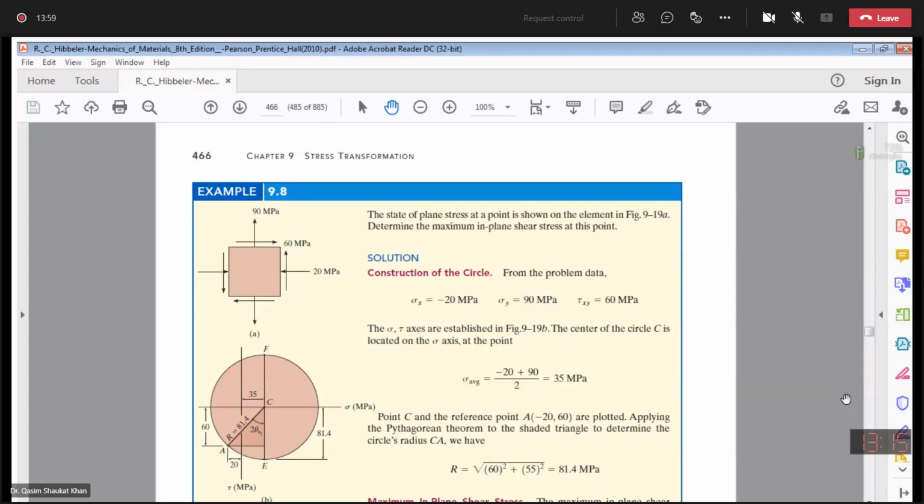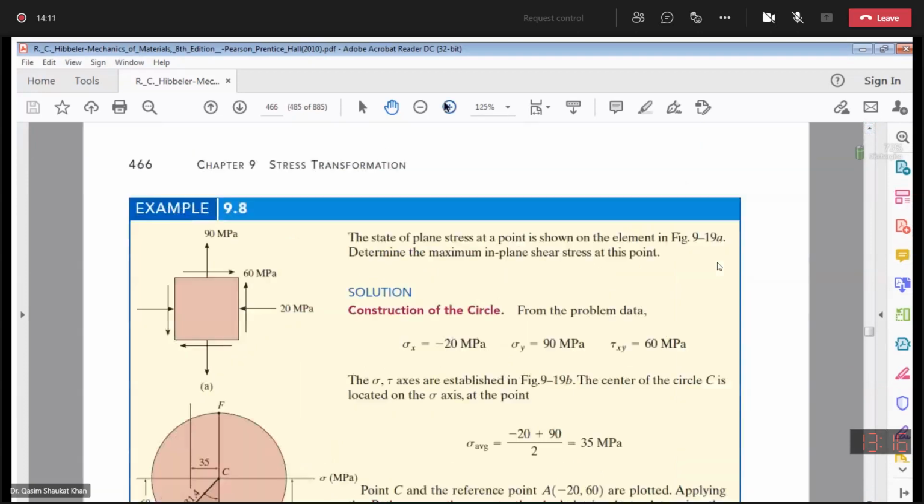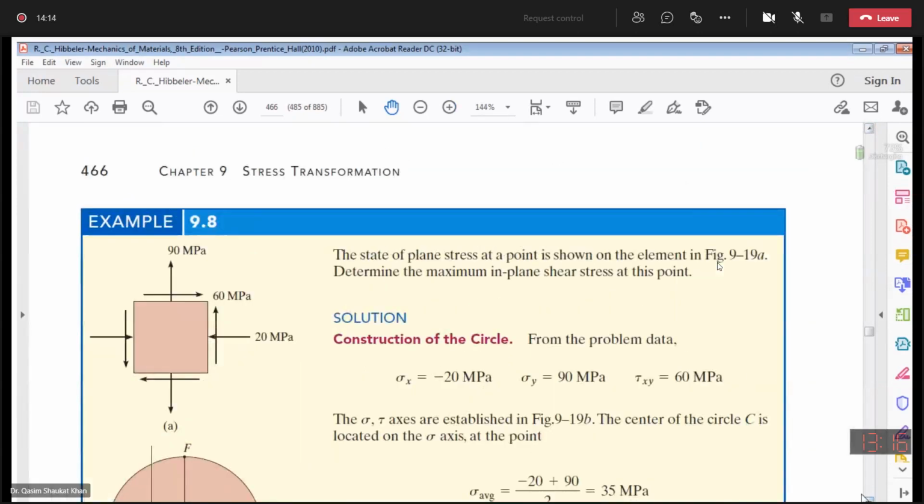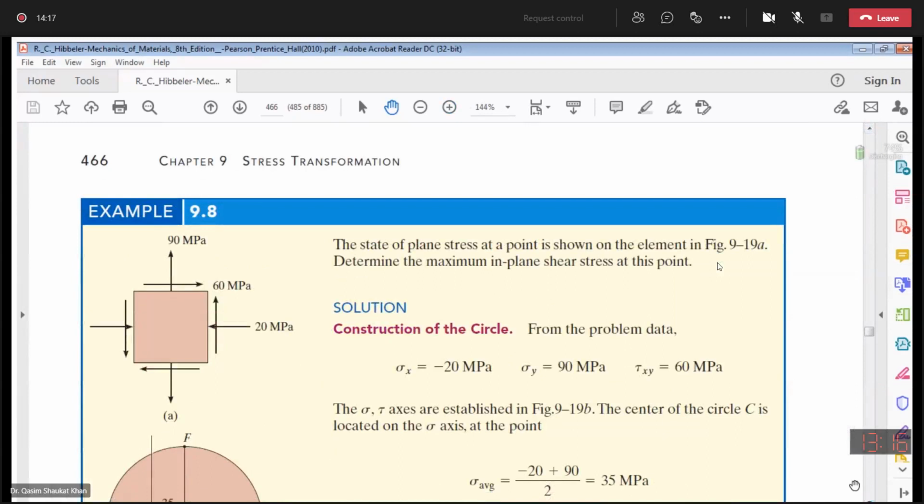So we have to calculate the average normal stress. Please calculate the average normal stress and let me know the answer.